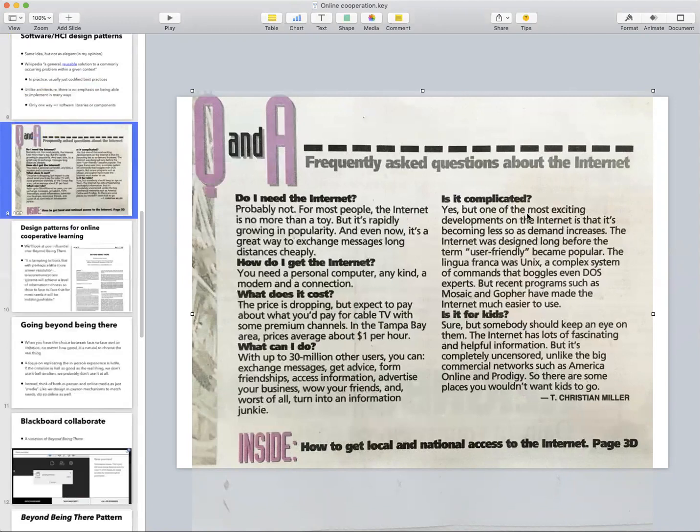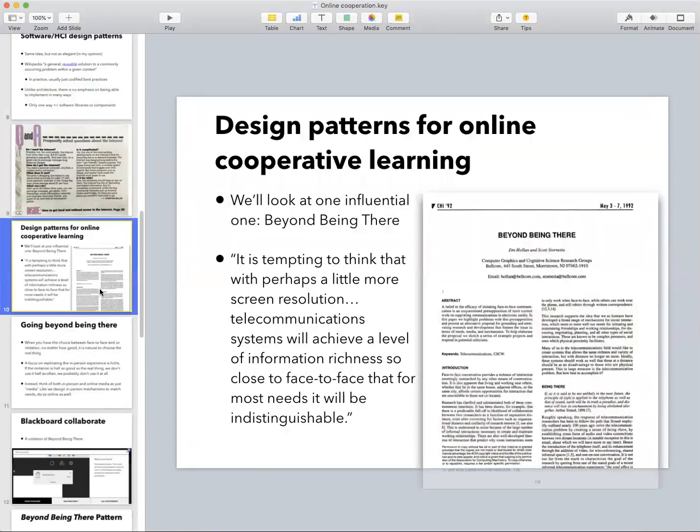Against this backdrop, there's two researchers at Bell Labs who are trying to design online communication systems. That's Jim Holland and Scott Stornetta. They wrote this paper about how to design software for telecommunications.